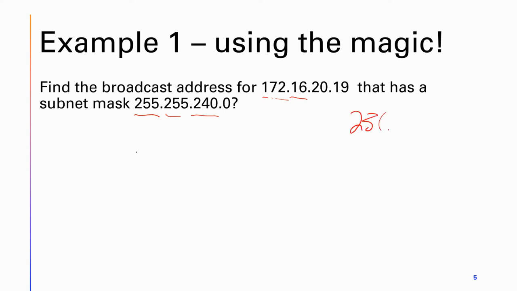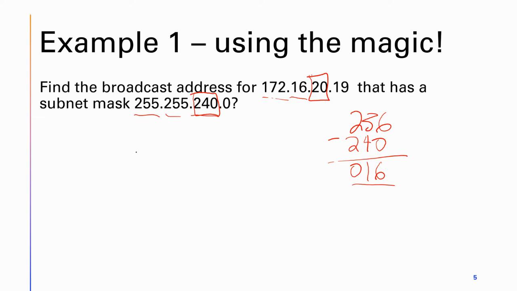So let's write out 256 minus 240, and do some subtraction here. It's going to be 6, 1, 0, so 16. The 16 is an important number because we are focusing on the third octet, just like the third here, where we have 20.